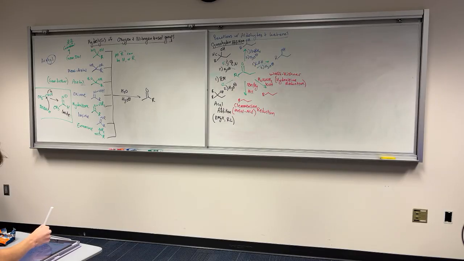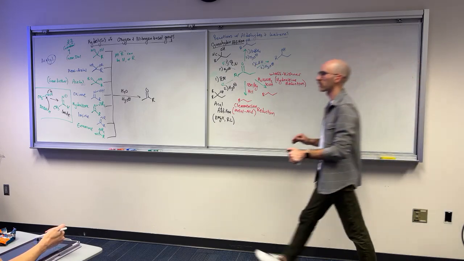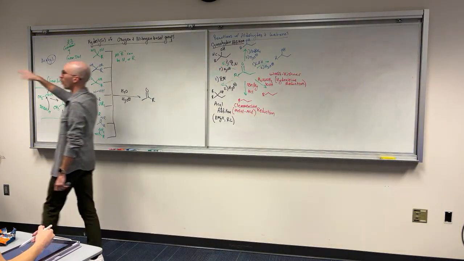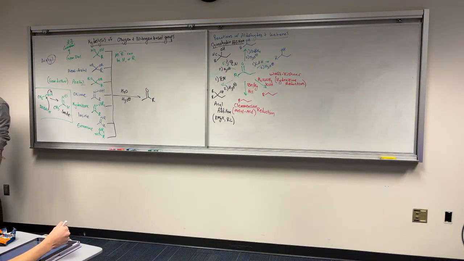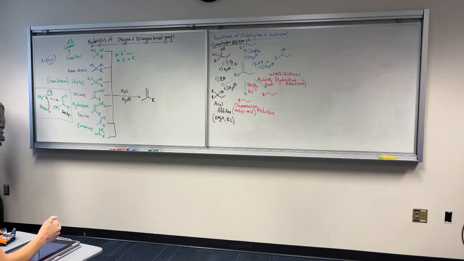Now it's time for new reactions. I'm going to turn this back on so you guys can see. I tried to be as clear as possible, although maybe I could have been a little bit more clear. I put Wolff-Kishner and Clemmensen reduction, but I put them in the same line.